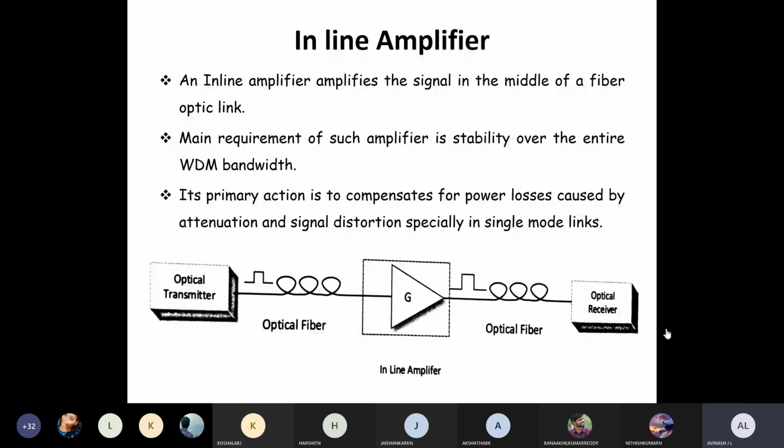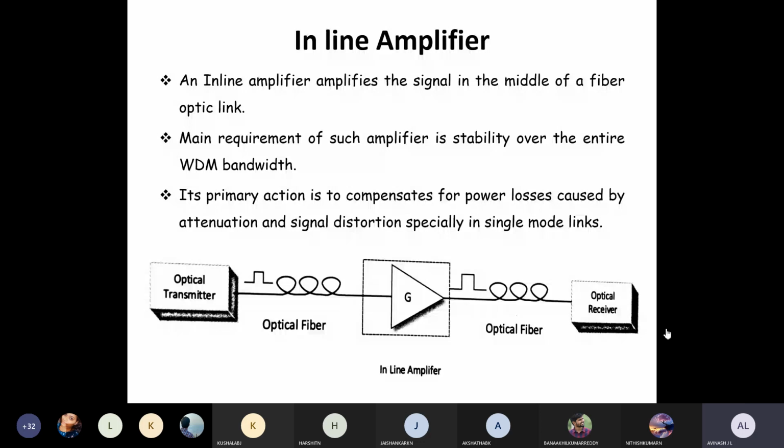That level will be suitable and sustainable till it reaches the optical receiver, and the received signal will be approximately the same, I cannot say 100%, 99 something percent, as the transmitted optical signal. The matching should be present. That is exactly the criterion here, and that is the purpose of the inline amplifier.